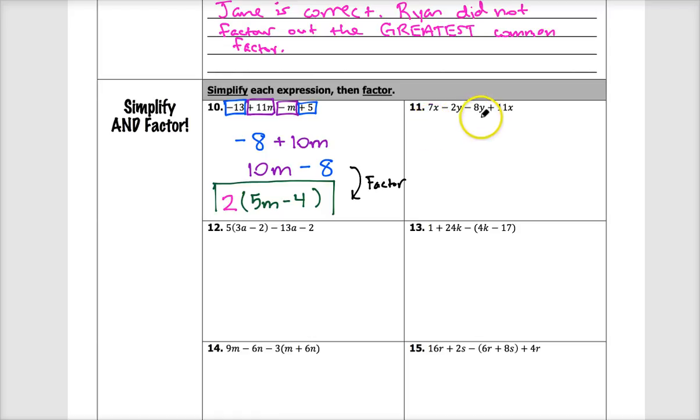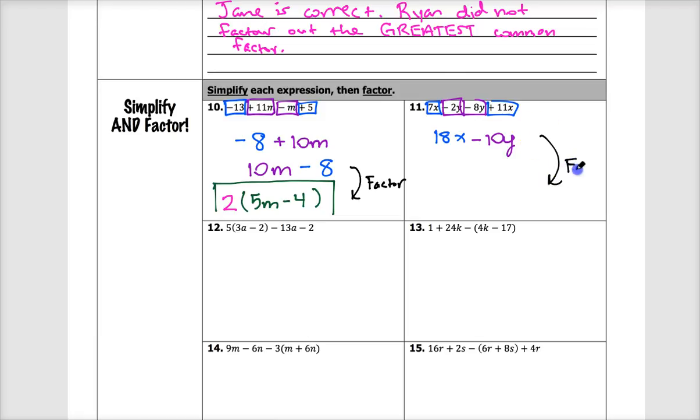Okay, number 11, I'm going to start by combining my like terms again. So 7x plus 11x is 18x. And negative 2y minus 8y is negative 10y. So we get 18x minus 10y. So now this expression here is simplified.